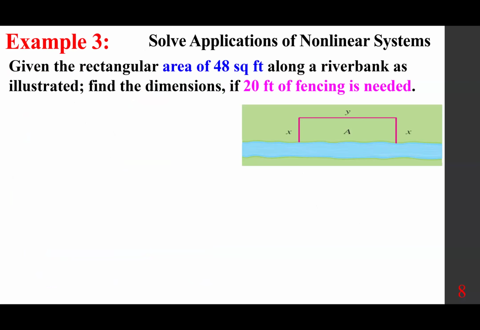All right, let's look at an application problem. Given a rectangular area of 48 square feet along the river bank, as illustrated, find the dimensions if 20 feet of fencing is needed.